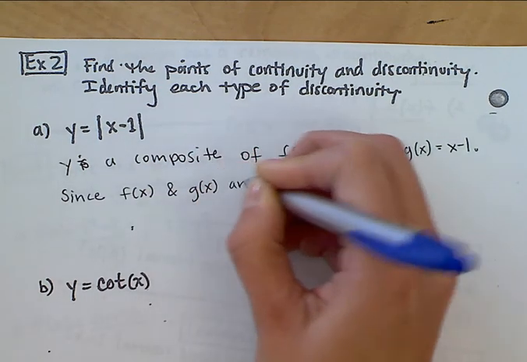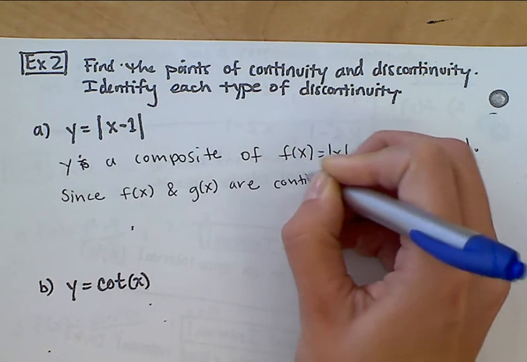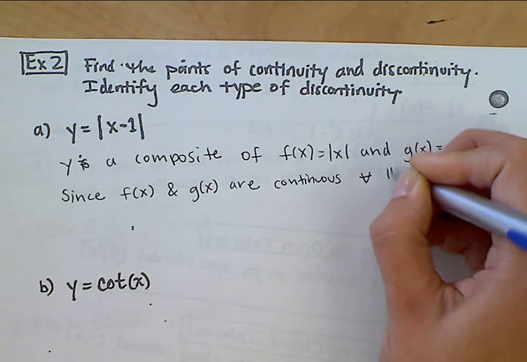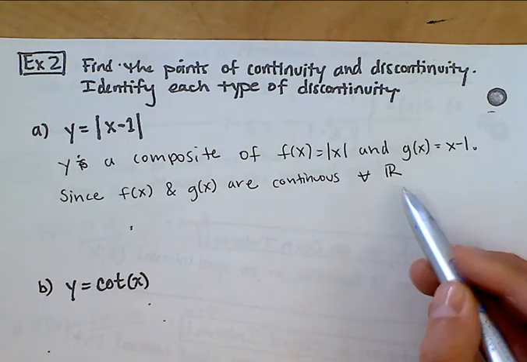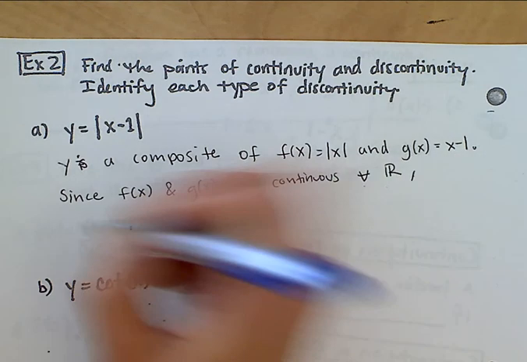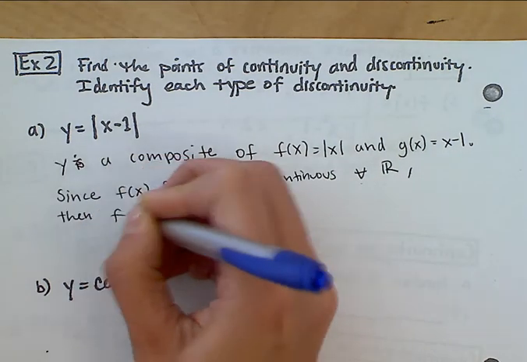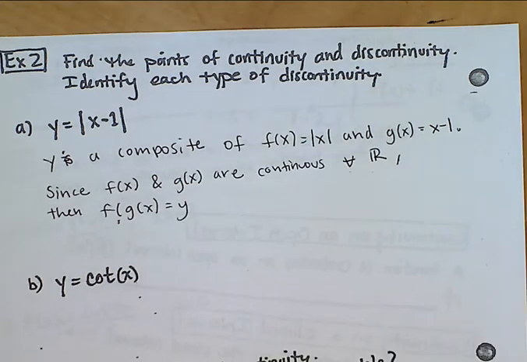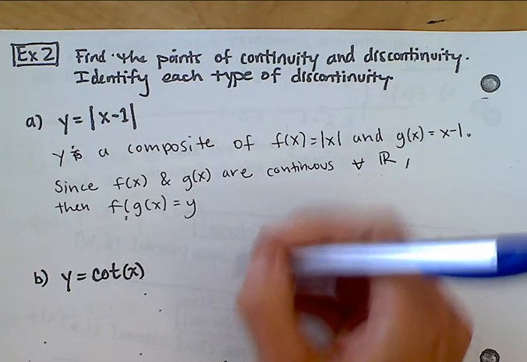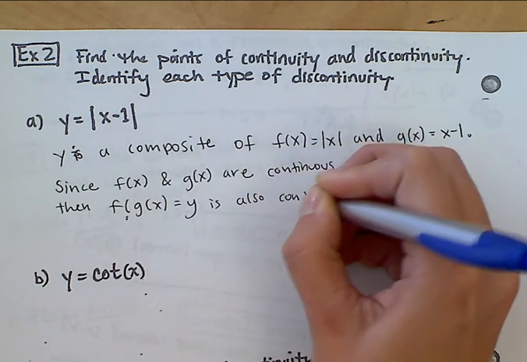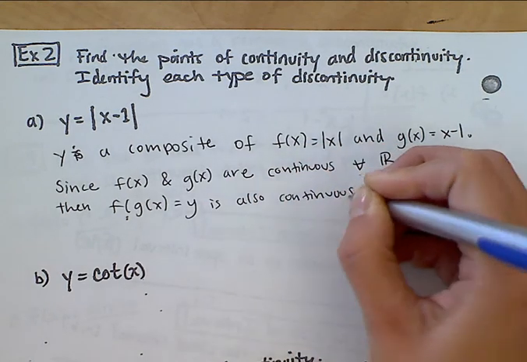So since f of x and g of x are continuous for all real numbers, so reminder on notation, this means all real numbers, then we know that f of g of x, which is equal to y, is the composition of those two, is also continuous for all real numbers.